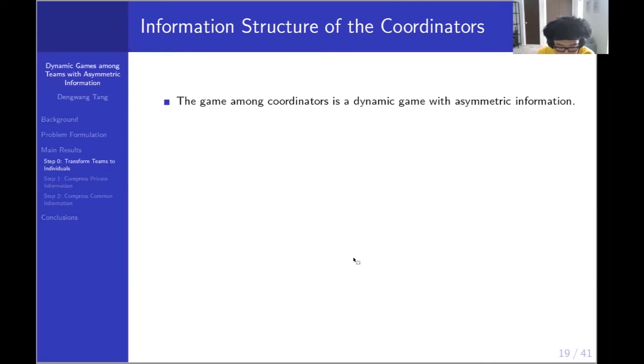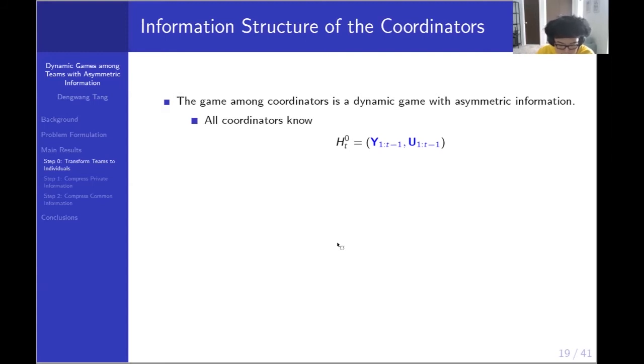So we have completed this transformation into a game among coordinators. The game among coordinators is a dynamic game with asymmetric information. Let me just describe its information hierarchy. The first level is what all the coordinators know.